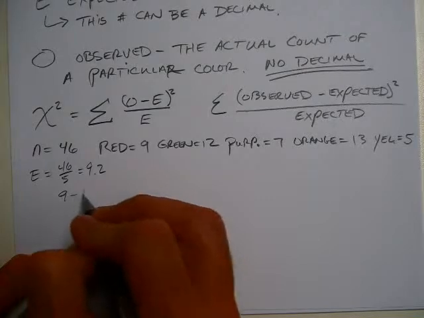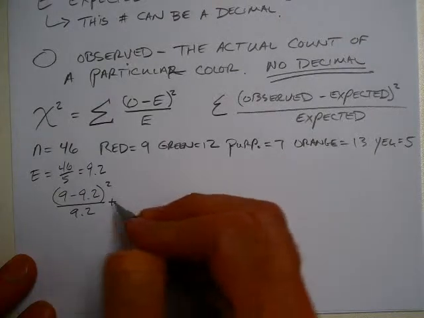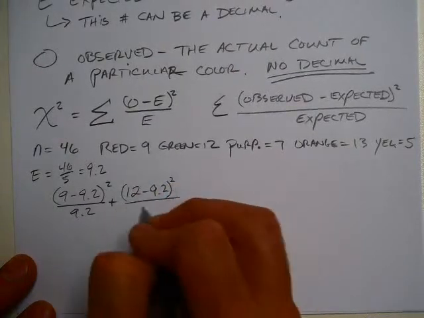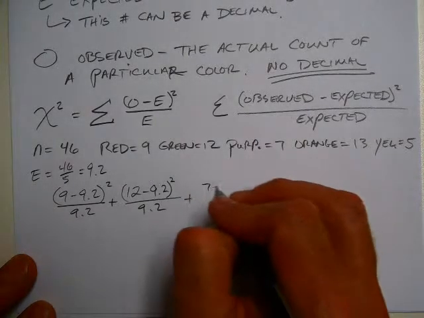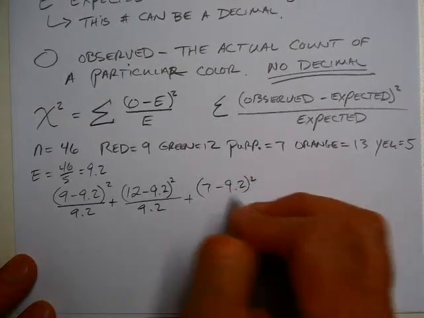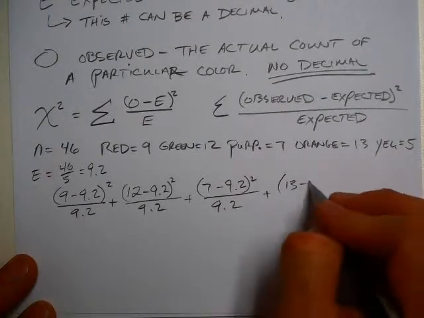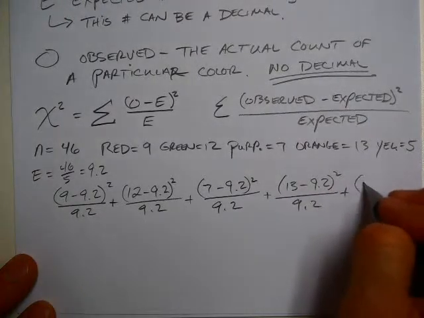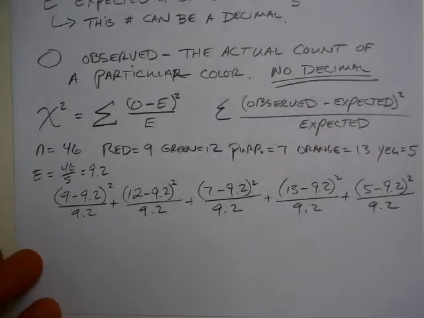So for my red, that's going to be 9 minus 9.2, quantity squared over 9.2, plus my green, 12 minus 9.2, quantity squared over 9.2, plus my purple, 7 minus 9.2, squared over 9.2, 13 minus 9.2, and what this is going to give me is my chi-squared value.